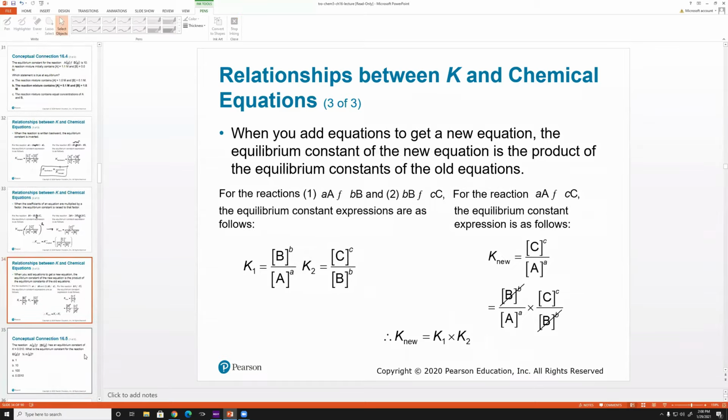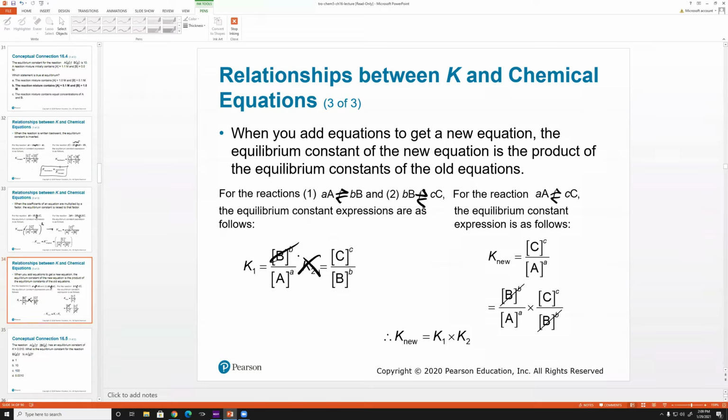And then we can add equations. When we add them together, we simply multiply each of the equilibrium constants together. So if we're adding the equations, A goes to B and B creates C, we can come up with the equilibrium constant for equation 1, which is B to the b over A to the a, and the equilibrium constant for reaction 2, C to the c over B to the b.